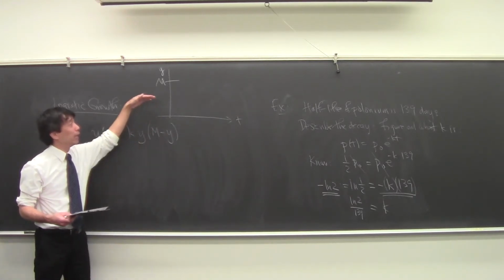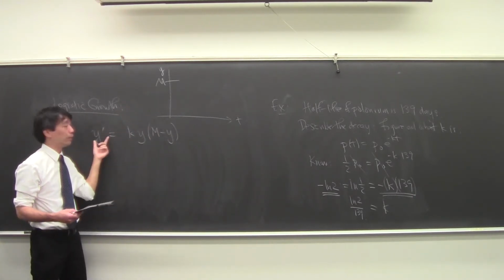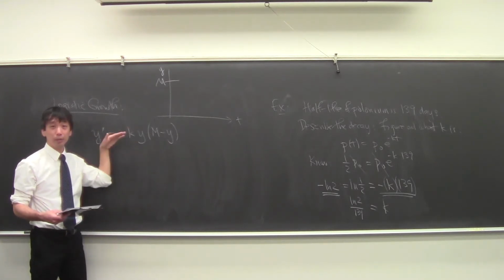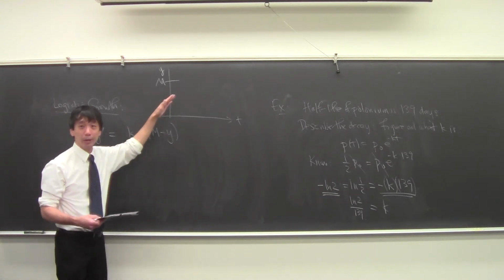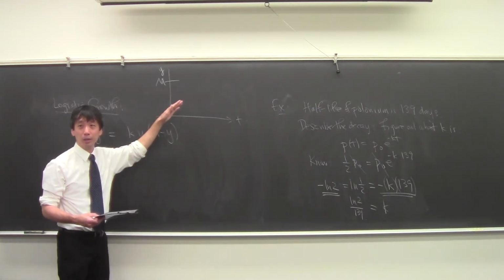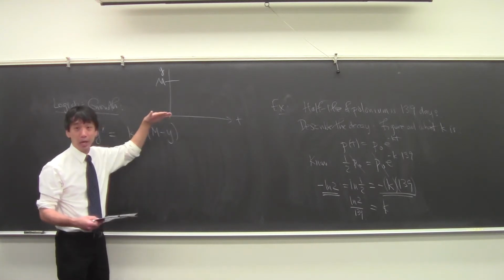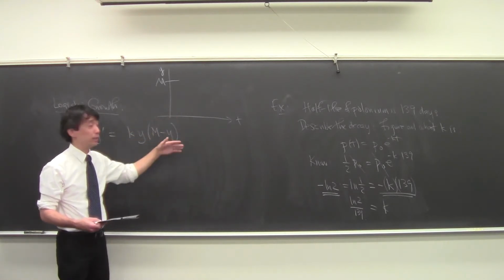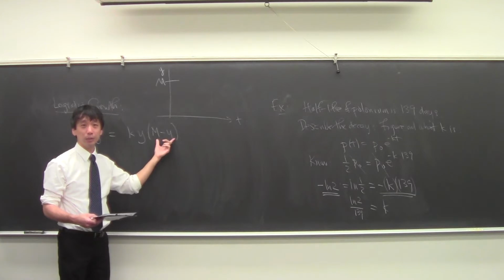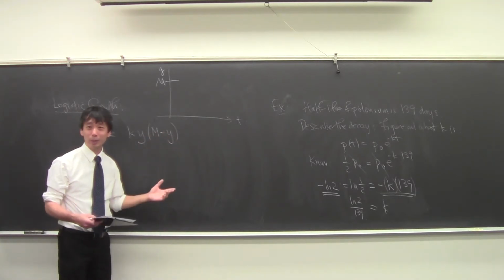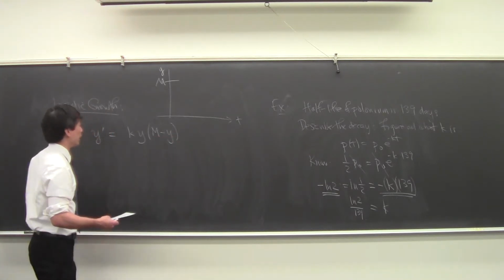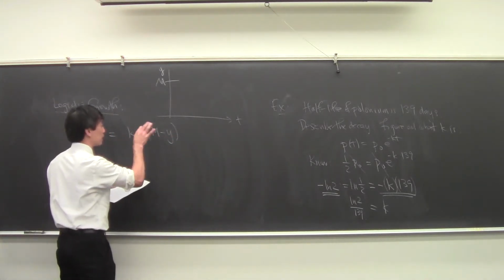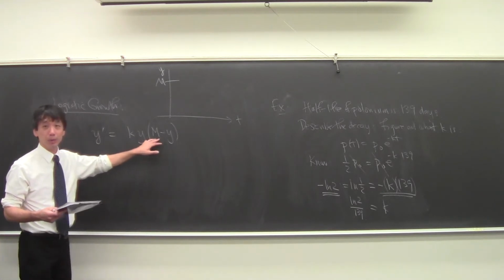If you actually hit m, then your rate of change will become 0. Okay, so this is saying that there's some sort of maximal carrying capacity for your system, right? That there's some limit on how big your population can grow. And so you throw in this term to say that that's realistic for our system. Okay. So this m is some fixed constant that you think of as the maximal carrying capacity.